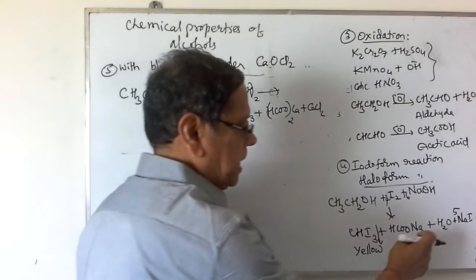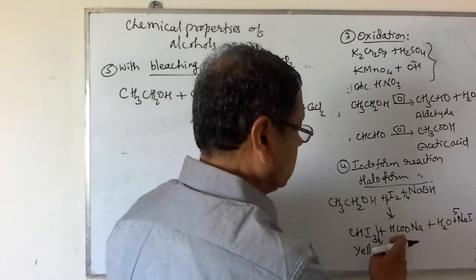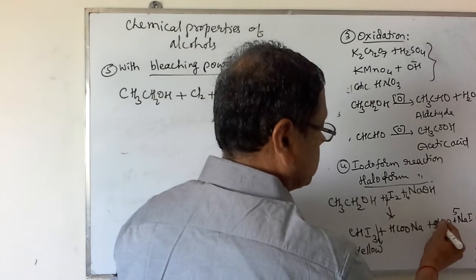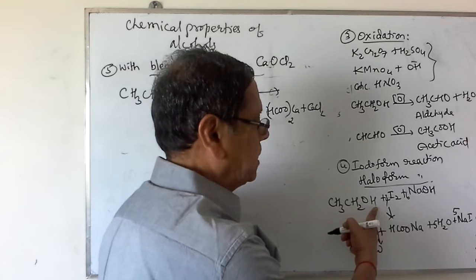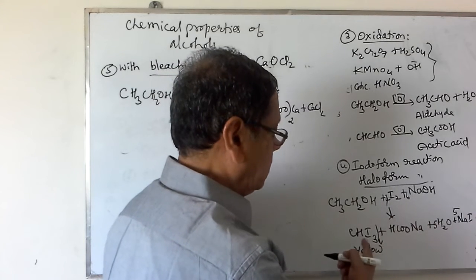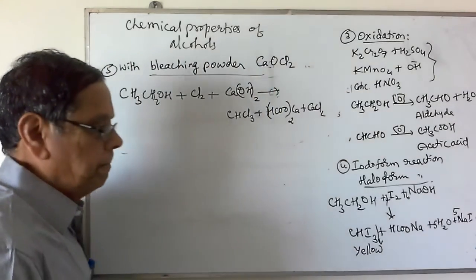I think I did not balance water. Number of oxygen atoms is 6 plus 1, 7. Here there are 2, therefore it is 5H2O. Number of hydrogen atoms 5 plus 1, 6 plus 6, 12. Here 2 plus 10, 12.